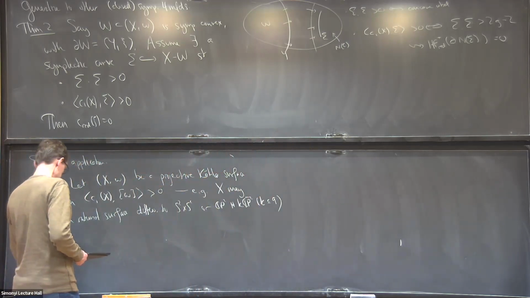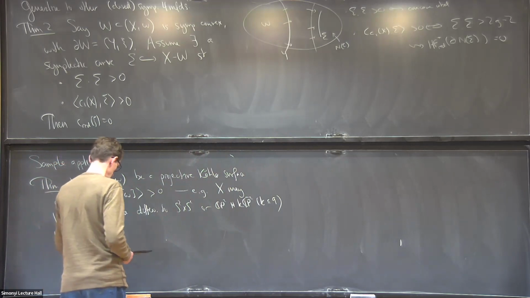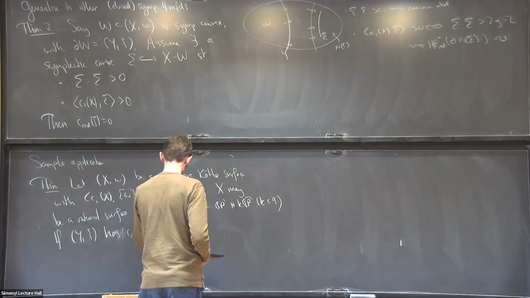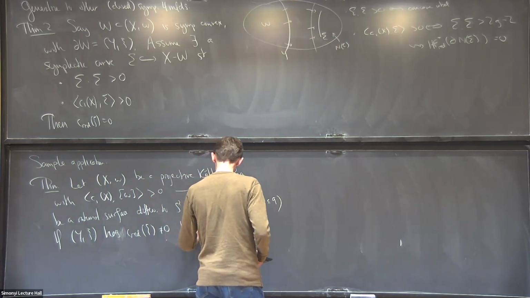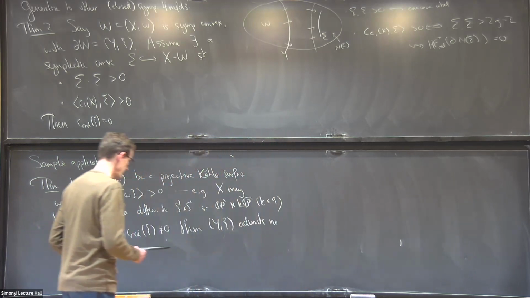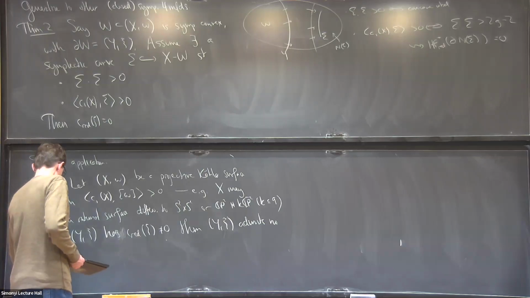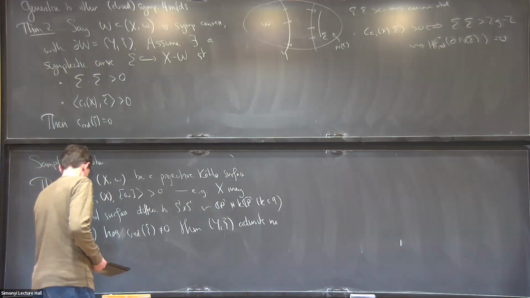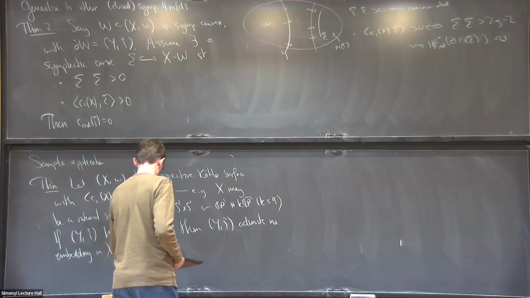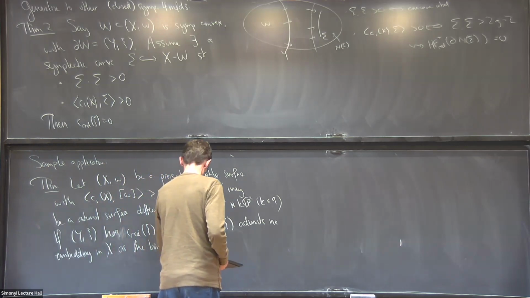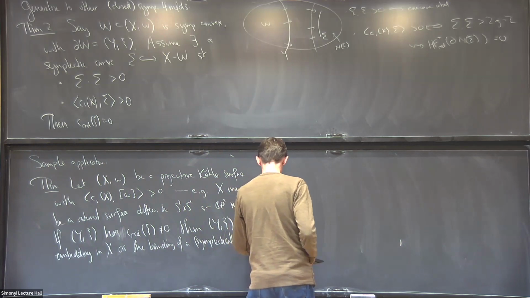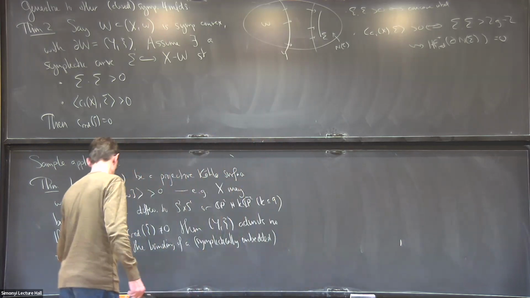Then if you have a contact 3-manifold and it has this reduced class non-zero, then the claim is that it doesn't admit any symplectic embedding as the boundary of a rationally convex domain.